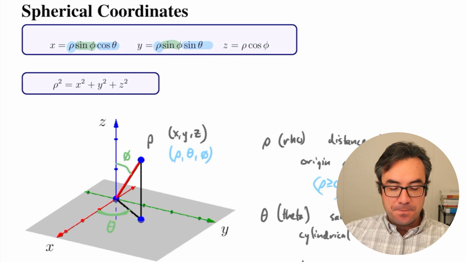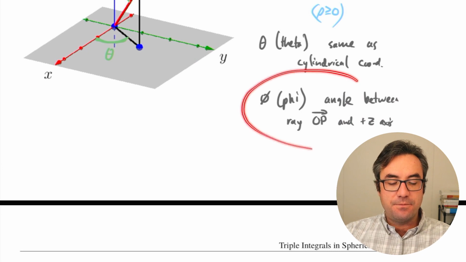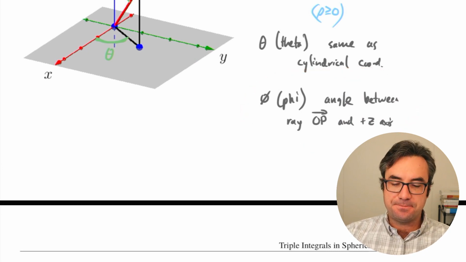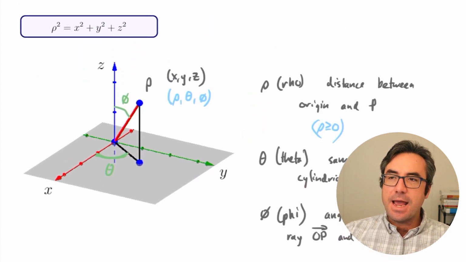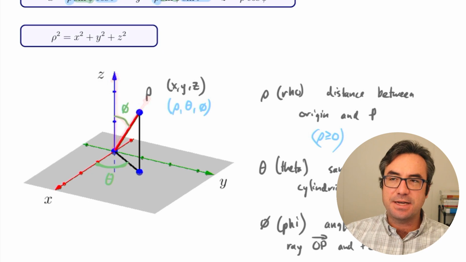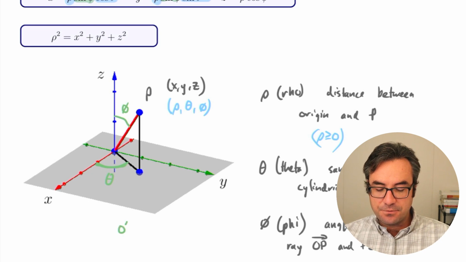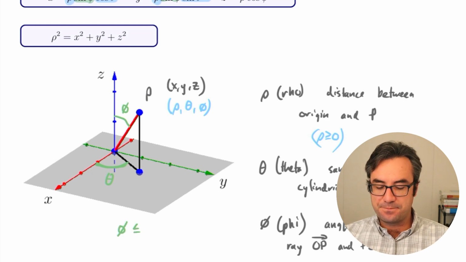All right, so the way to get a handle on this new coordinate system comes from thinking about what this angle phi is. Again, it's the angle between this ray and the positive z-axis.